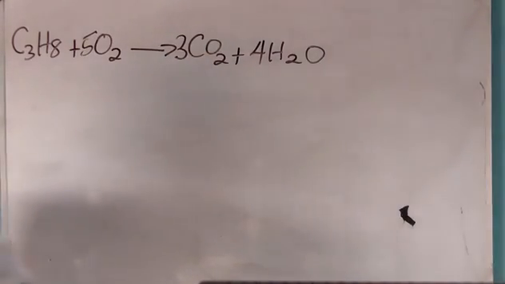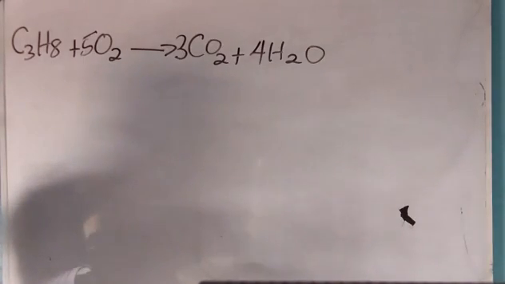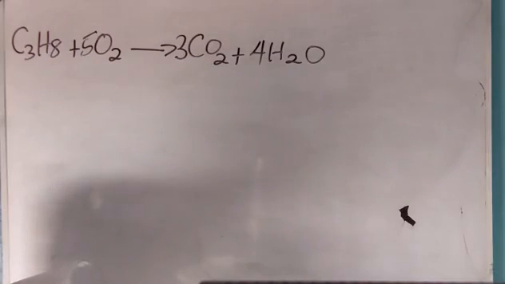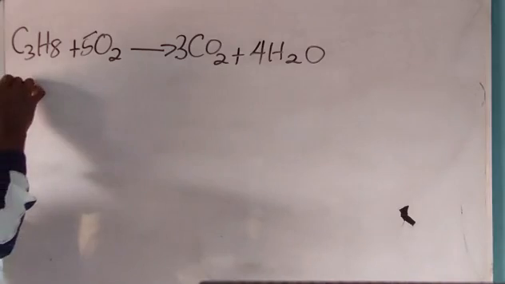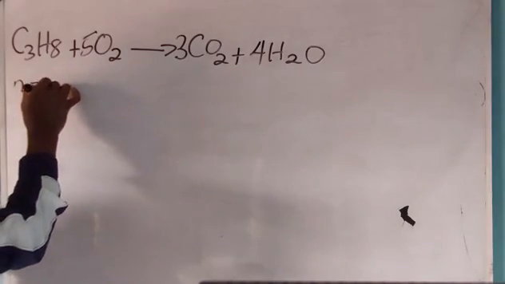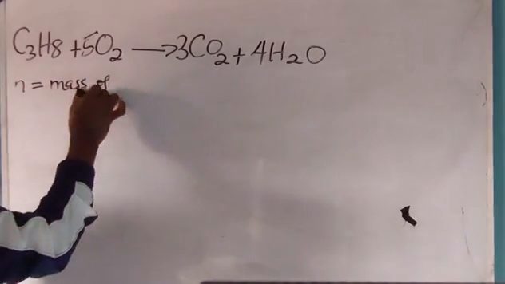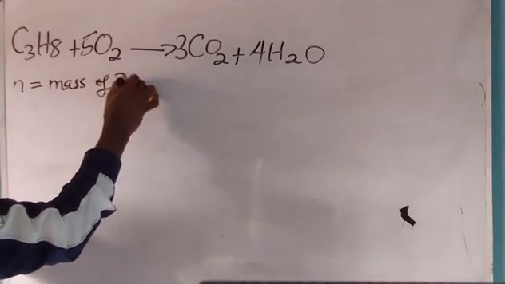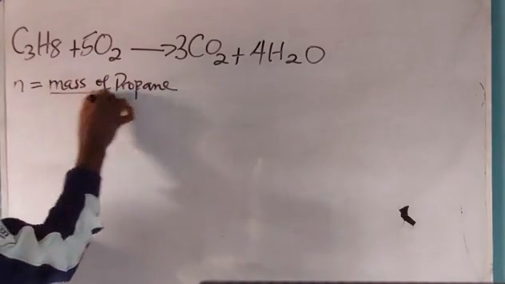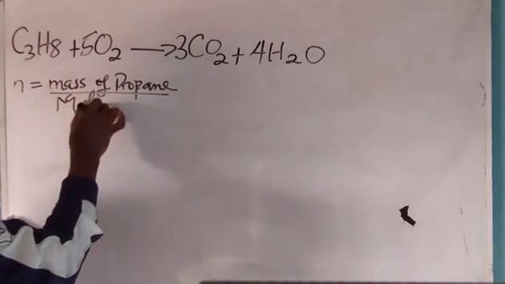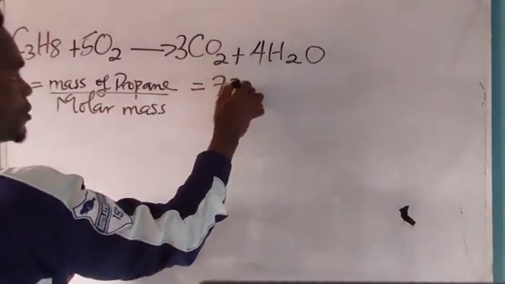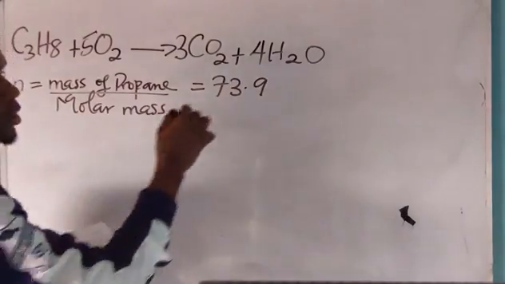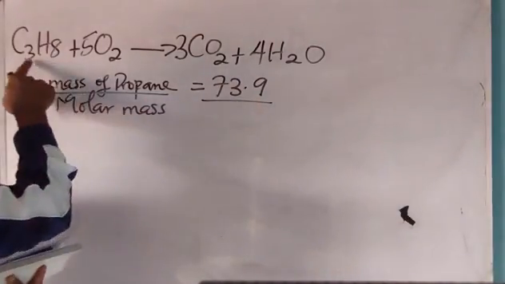It said how many grams of carbon IV oxide is formed. Okay, fine, it is clear enough. Therefore, number of moles is equal to mass of propane over molar mass of propane. Mass of propane is 73.9 as given in the question. What about the molar mass?